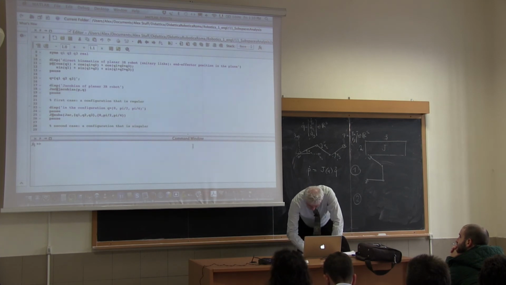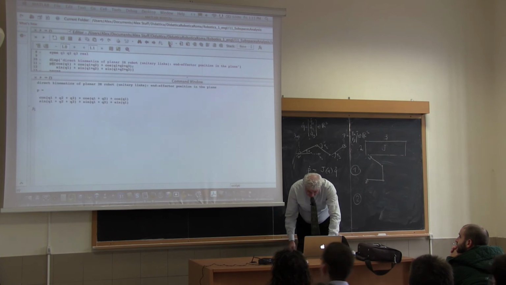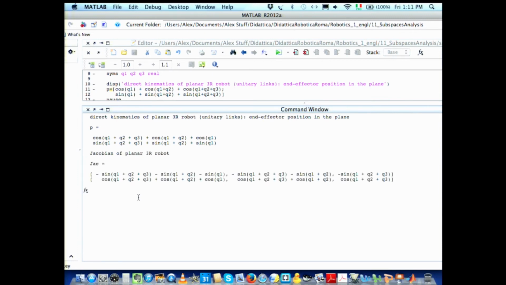So I'm running this simple program. Here you see the direct kinematics computed symbolically. Then I take the symbolic derivative with respect to Q, which is an instruction that you can use. And this is the Jacobian.